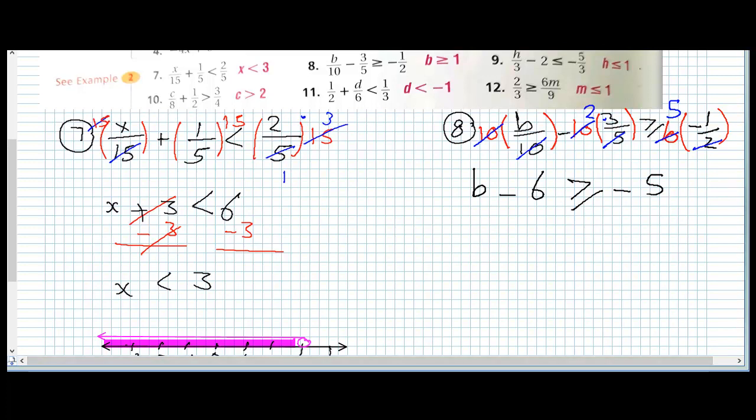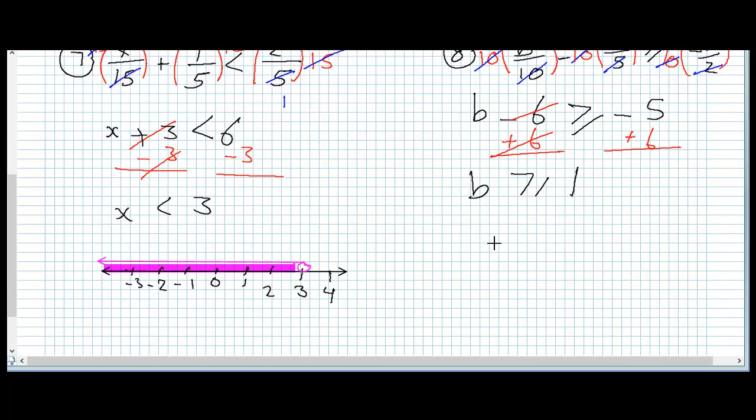Now it became a normal inequality. First, I want to remove 6 by adding 6 on both sides. 6 will go out with 6 and I will have b remaining, bigger than or equal to negative 5 plus 6, which is 1.